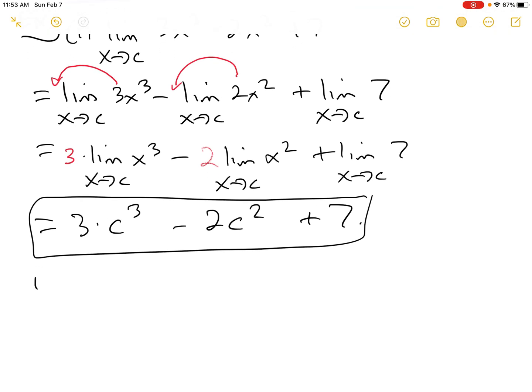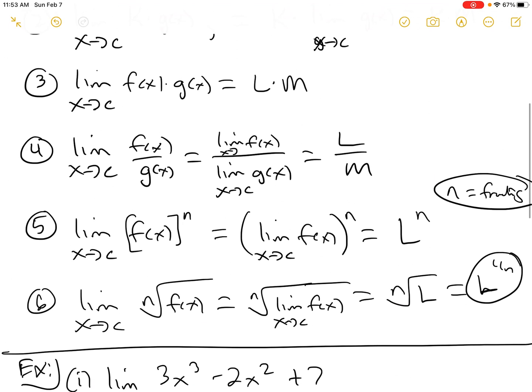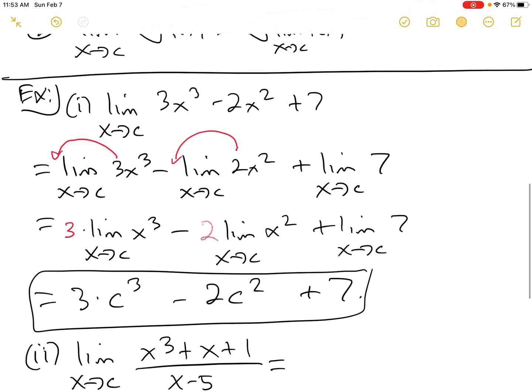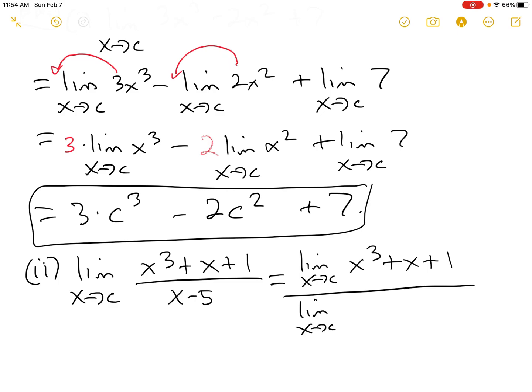Here's example 2. Let's compute the limit as x approaches c of x cubed plus x plus 1 over x minus 5. Well, this is rational, so it's this one here. It's a quotient. So this becomes the limit as x approaches c of x cubed plus x plus 1 over the limit as x approaches c of x minus 5.